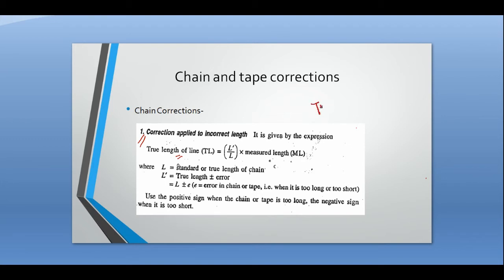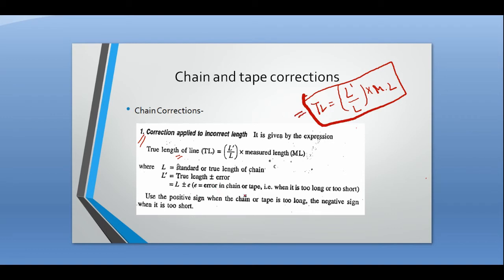True length is equal to L dash, the incorrect length, divided by L, the standard length of a chain, multiplied by the measured length. Like in the previous example, I gave 100 meters as the measured length. We apply a correction to the measured length using L dash over L. This will give you the true length of the line. So always remember this formula for the correction.